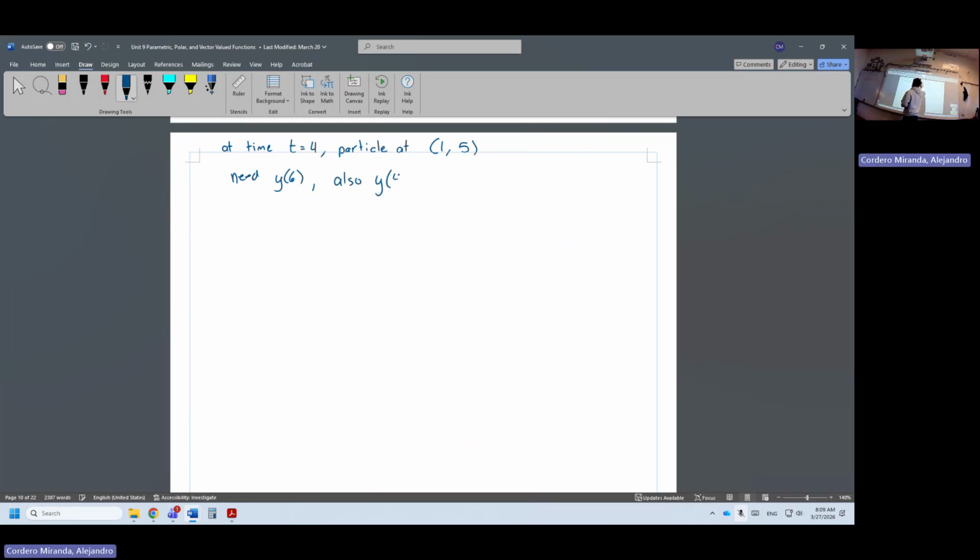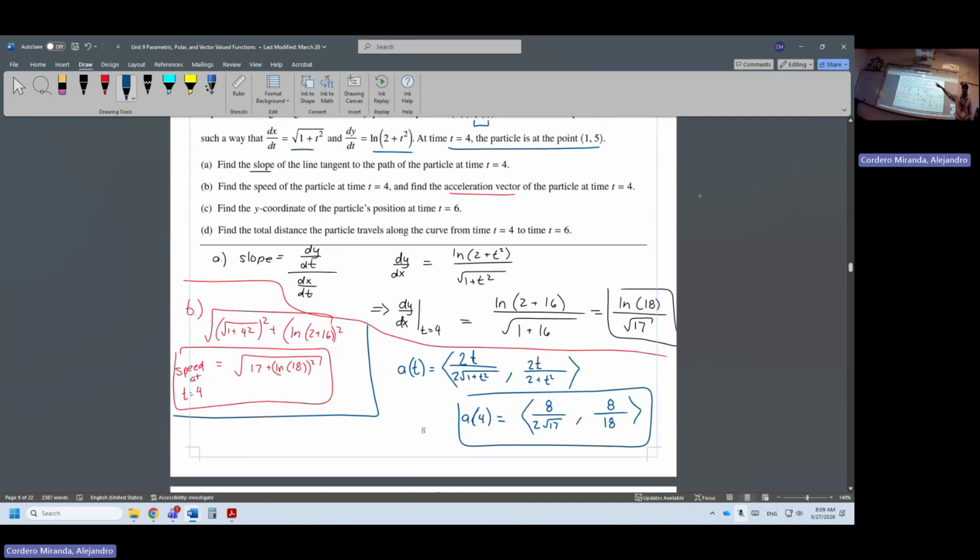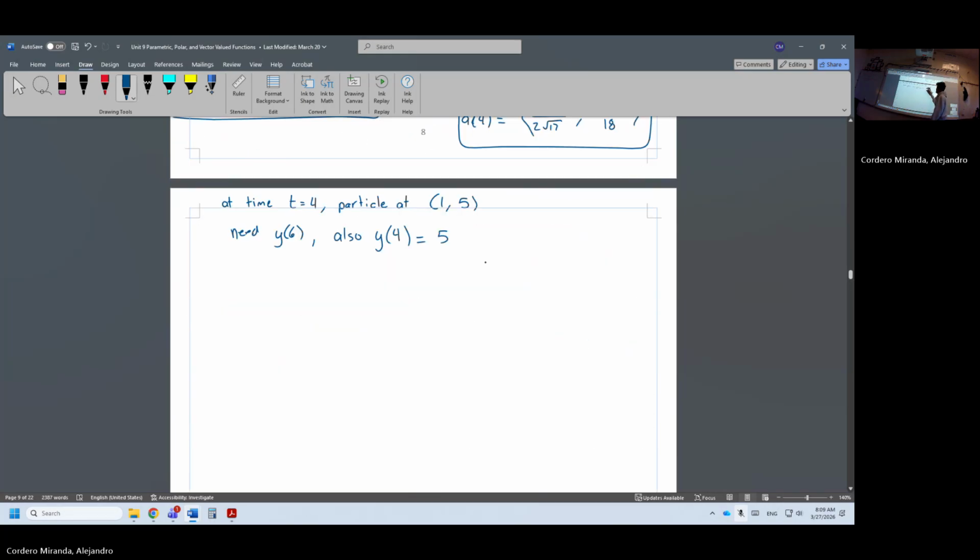You don't have to write all this, but just so we're all on the same page, y of 4 is 5. Do you also agree that we have not the y function, but we do have y prime, dy/dt? Okay. Let me write that down. Natural log 2 plus. Okay, now do you have ideas?